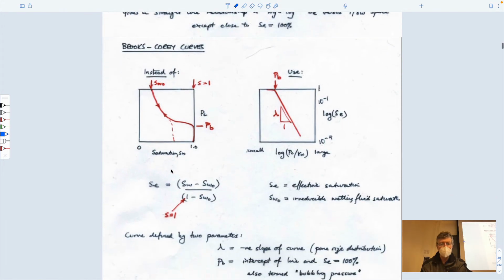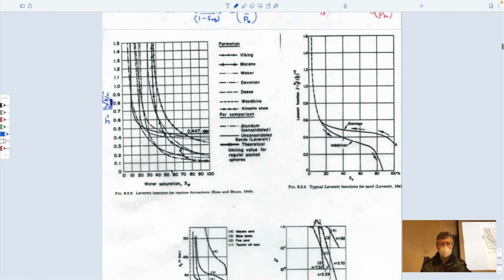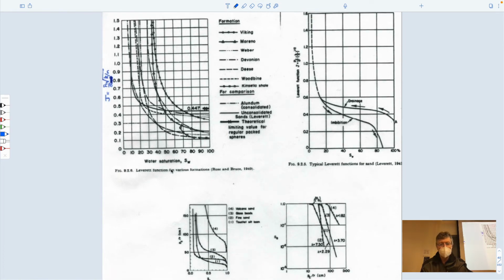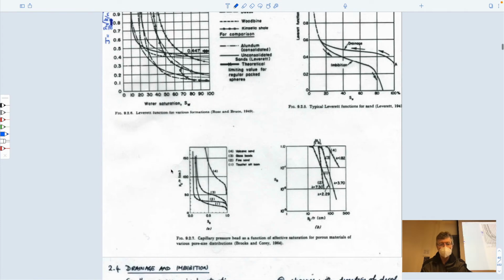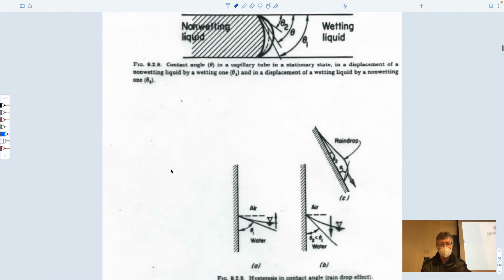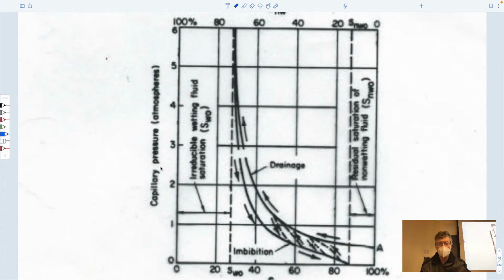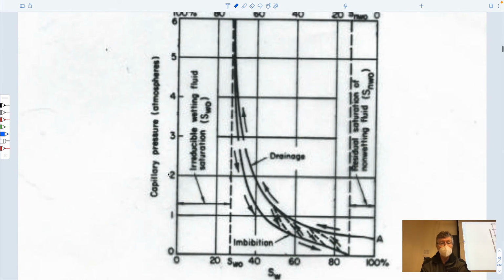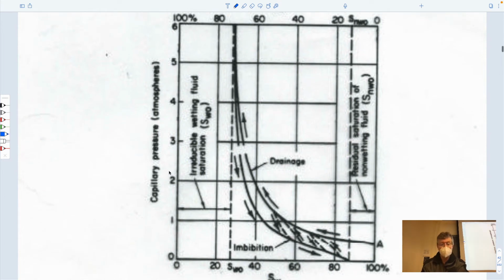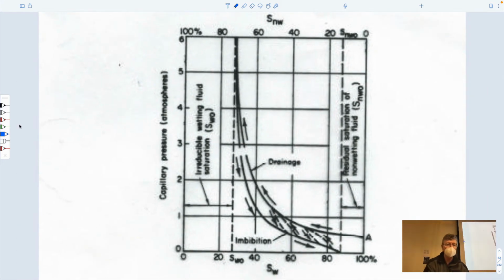I'm going to look at the best one of these figures. This is the best figure. Right. So this is if we do exactly what we just said we did. This is the best curve that can perhaps explain all of the features that we want to explain. This is a capillary pressure versus saturation curve.